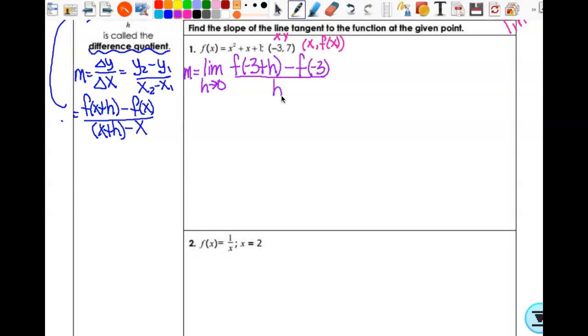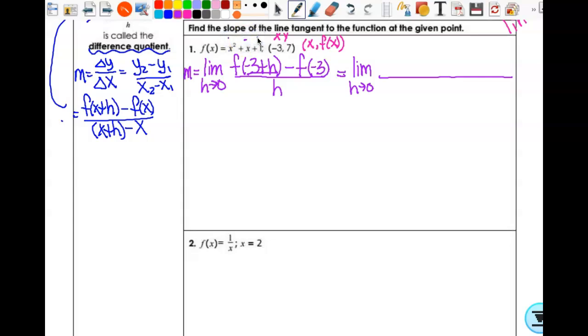Everybody with me so far? I just basically rewrote the difference quotient, but I put a negative 3 in there instead of an x. That's all I did. Okay, so now I'm going to actually replace my f of negative 3 plus h and so forth. So I'm rewriting the limit as h approaches 0. The way that I evaluate f of negative 3 plus h is I take this negative 3 plus h and I substitute it into the original everywhere I see an x, right?